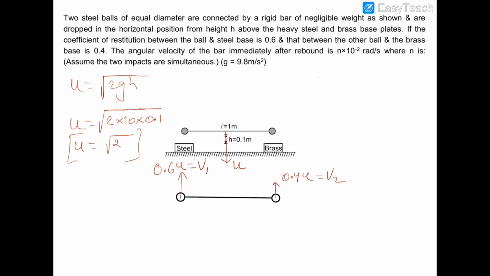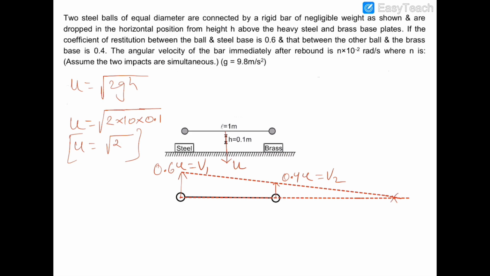Now the IAR will be lying on this axis somewhere like that. You can also solve this question by the normal method which I demonstrated in the last question, but we are solving it by IAR.